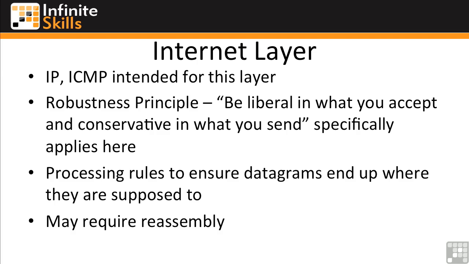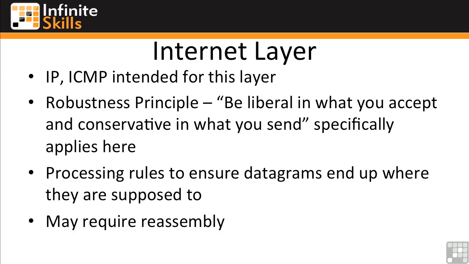He was really critical in helping do a lot of organizational work and managing the RFCs and doing a lot of other work around IP addresses and that sort of thing. So John Postel always said, be liberal in what you accept and conservative in what you send. And that really applies here at the internet layer. It keeps systems up and it keeps everybody working together and talking together.